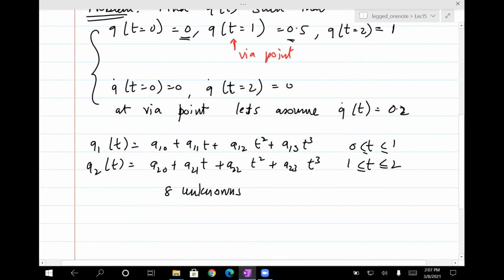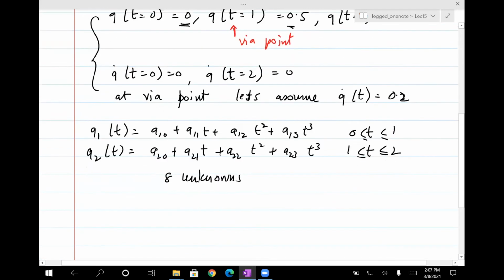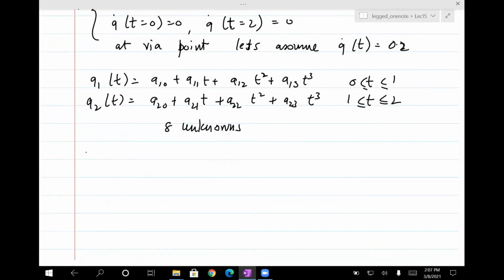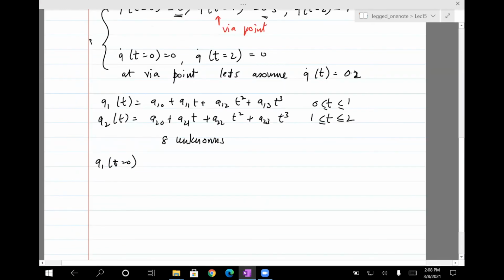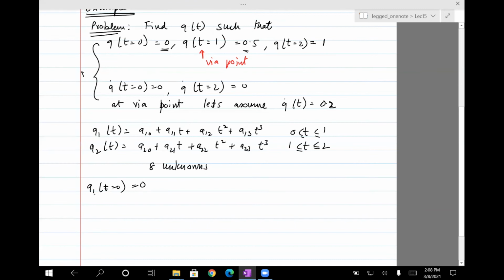So let's see what those equations are. So first of all, q1 of t at 0 is going to be 0. Then we have q1 at t equals 1 is equal to 0.5. So that's the second condition. Then we have q dot at t equals 0 is 0. Okay, so that's this one. Then we keep going.